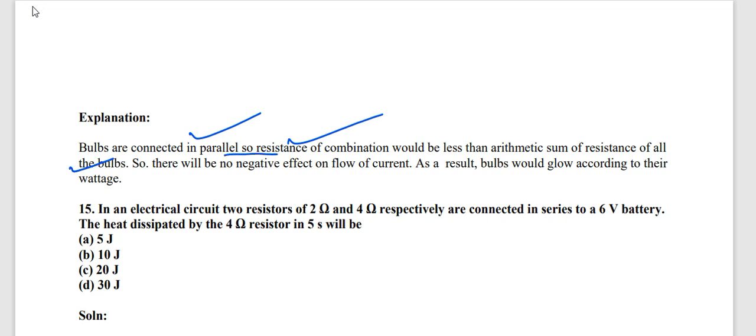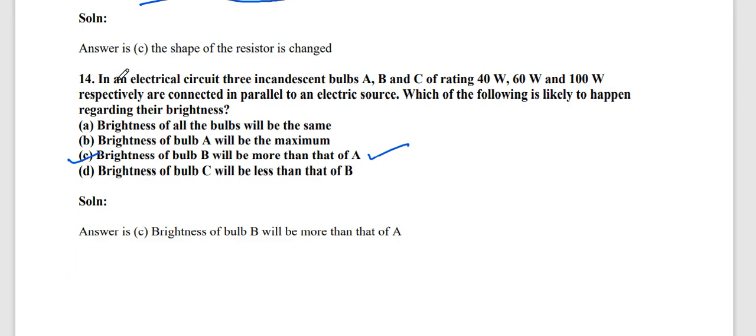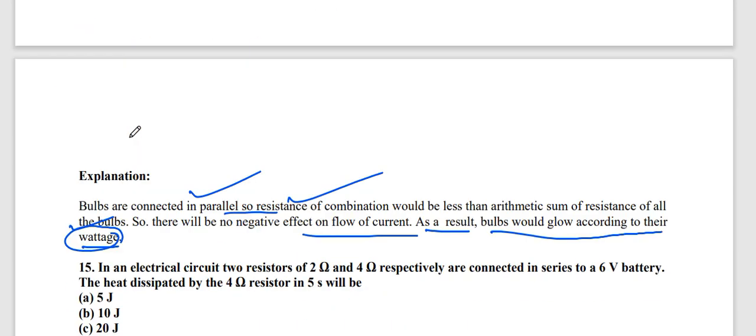So there will be no negative effect on flow of current. As a result, bulbs would glow according to their wattage. Here in the parallel, bulbs will glow according to their wattage, right? You see, A is 40 watt, B is 60 watt, and C is 100 watt, right? So you know very well, wattage is very important.